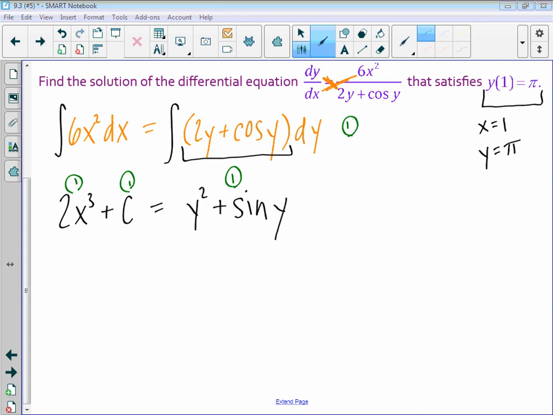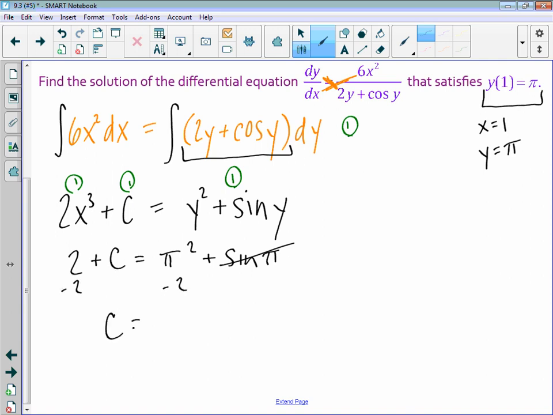Okay, so when we plug that in, our x is 1, so this is just 2 plus c. And then over here, this turns into pi squared. And then what is the sine of pi? 0, so that goes away. And then to solve for c, you subtract the 2 on over. So our c is equal to pi squared minus 2.